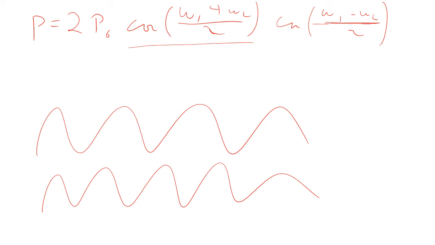So if omega 1 and omega 2 are close to each other, sorry, there should be t's in here. If omega 1 and omega 2 are close to each other, then we get the average, (omega 1 plus omega 2) over 2 times t, and then (omega 1 minus omega 2) over 2 times t is going to be close to 0.